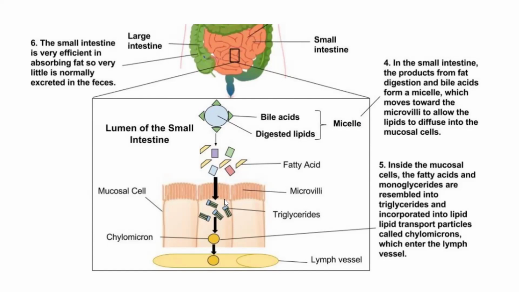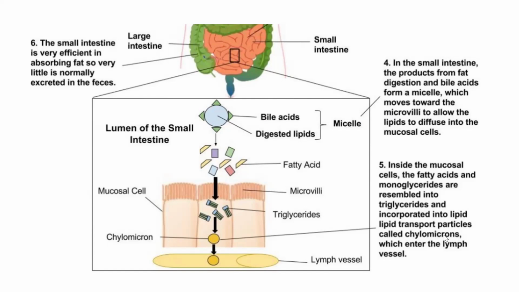After they pass through the microvilli into the mucosal cell, inside the mucosal cell the fatty acid and the monoacylglycerol reassemble to produce another triacylglycerol, which is incorporated into the lipid transport particles called chylomicrons.